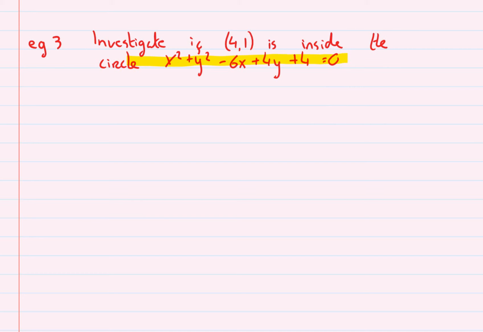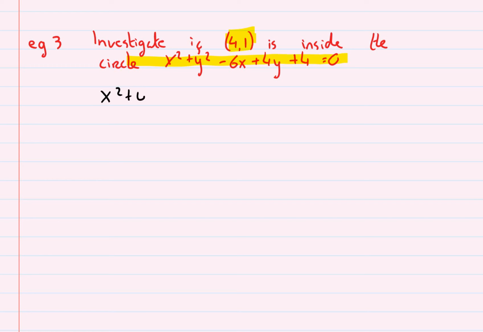In this case, all we do is slot in the point, and if it says at the end 0 equals 0, then we know it's on the circle. If what we get out for the equation is less than 0, then we say it's inside the circle, and if what we get out when we put the point into the equation is greater than 0, we say outside the circle. Okay, so let's go.